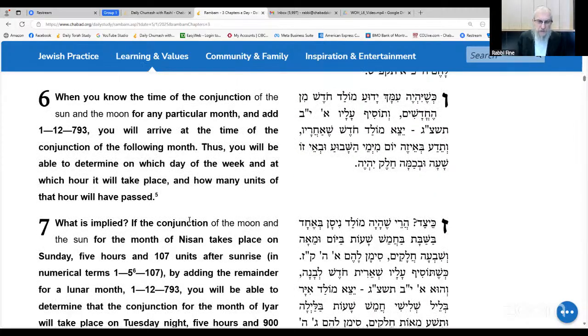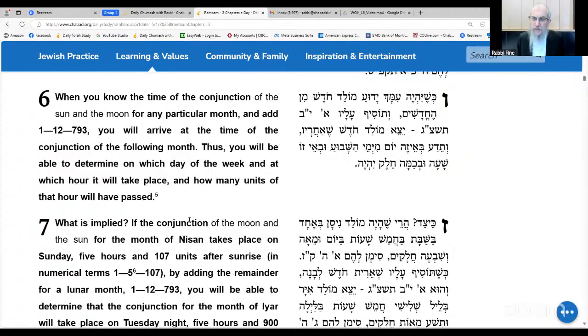When you know the time of conjunction of the sun and the moon for any particular month and add 1 day, 12 hours, 793 units, we arrive at the time of the conjunction of the following month. This way you know exactly when the sun and the moon come back together, so you know when to look, when a new moon is possible.